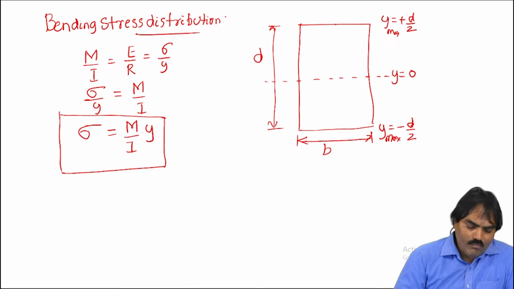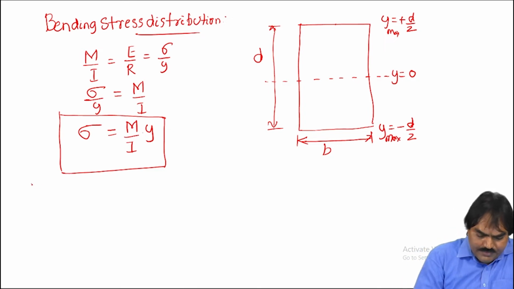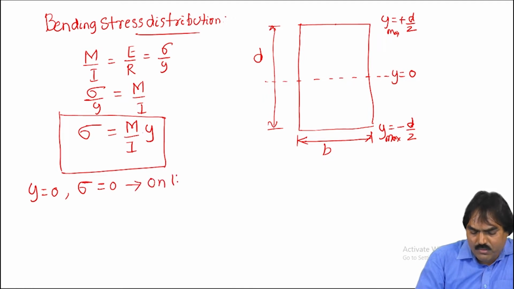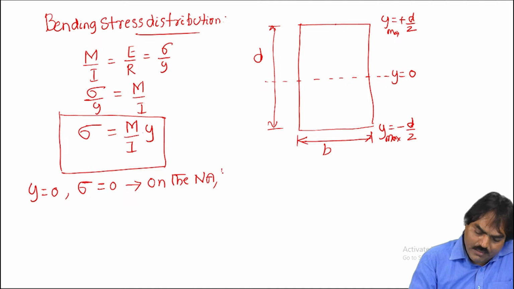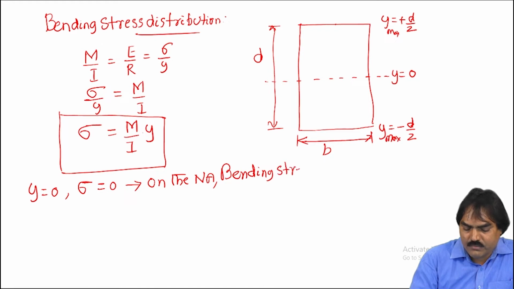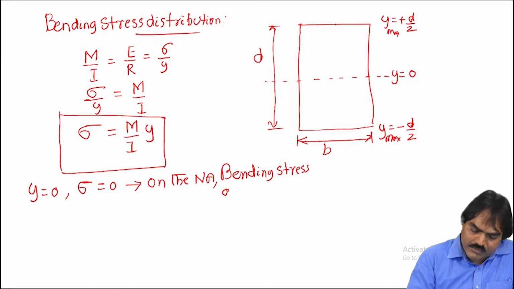Now see here, when Y is equal to 0 on the neutral axis, what happens? Bending stress is 0. So the most important point, that means on the neutral axis, bending stress is always 0. This is by default, you have to remember.